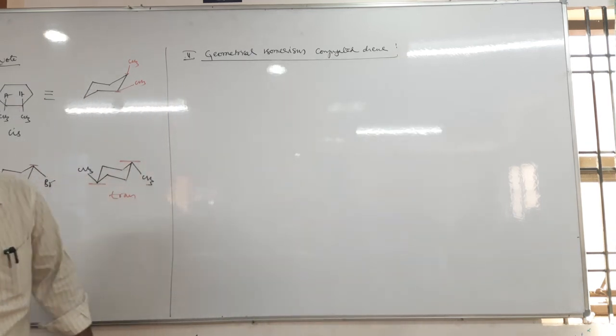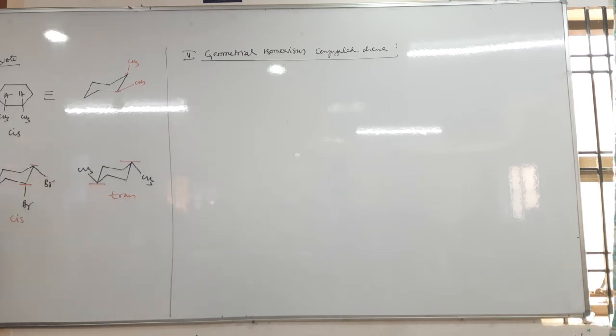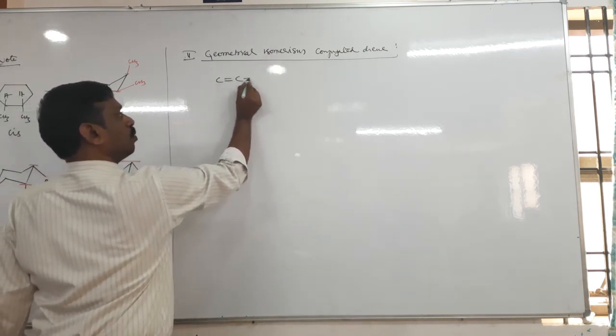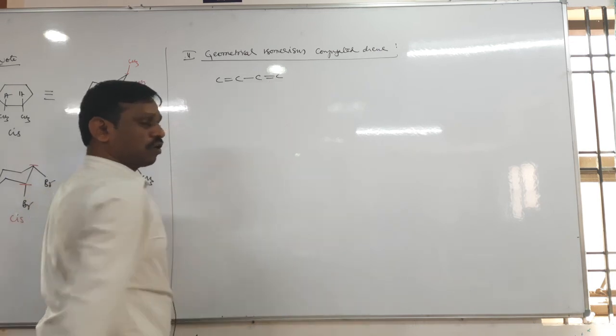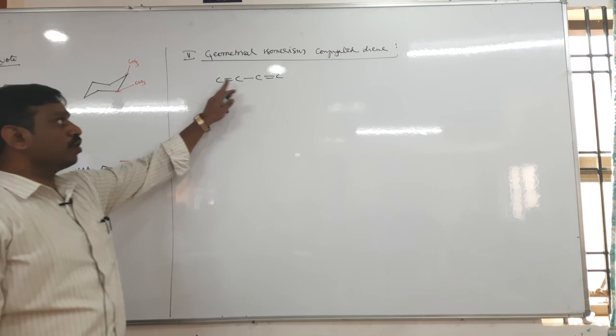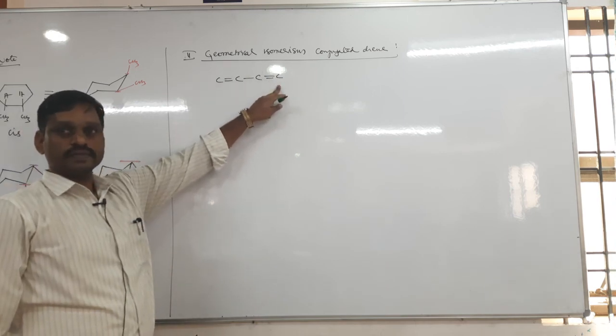Tell me, what are conjugated dienes? There are two double bonds. They must be in conjugated positions, alternate positions: double bond, single bond, double bond.